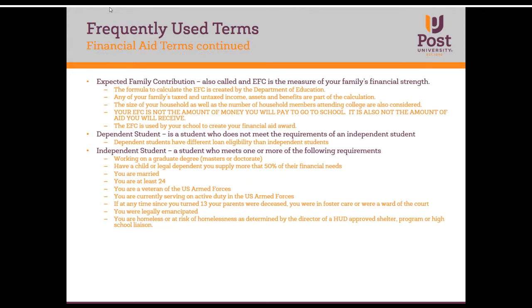Again, these are determinations by the Department of Ed. However, in some situations, like deceased parents, foster care, or if you were at risk of homelessness, we do need to document this in order to meet their requirements. So your financial aid advisor might reach out for some information regarding that.